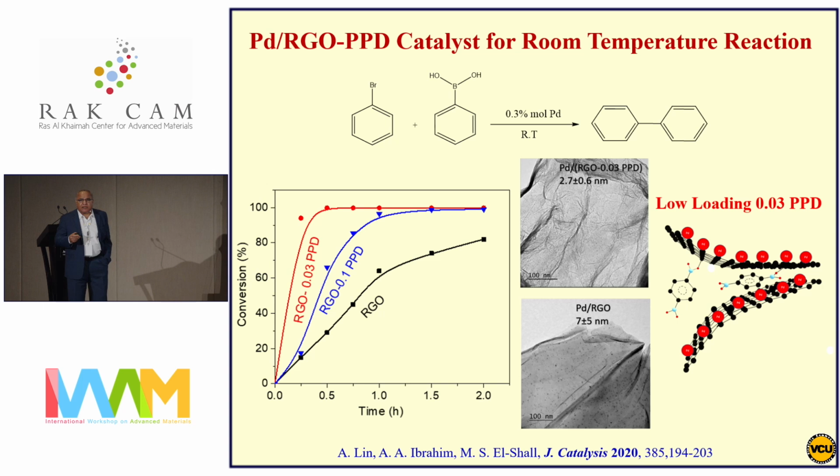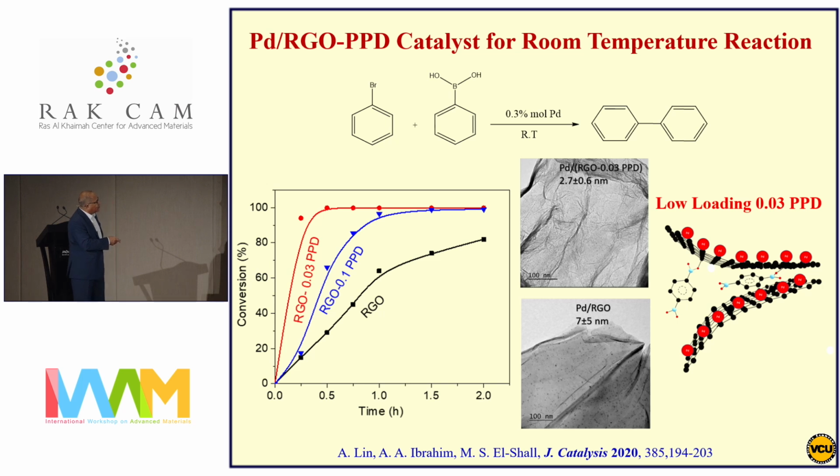The activity is reflected in the particle size in this case, which is also mediated by the separation between the layers. So you can see with very small loading, 0.03 millimole, you have a very highly active catalyst, and that corresponds to very small particles of palladium. As you increase the loading, you can see that the activity starts to go down, as shown here in the blue curve.